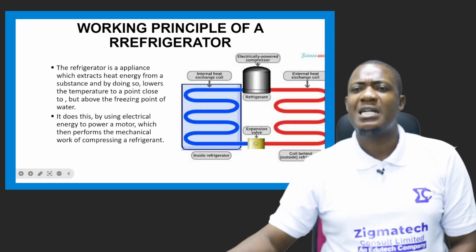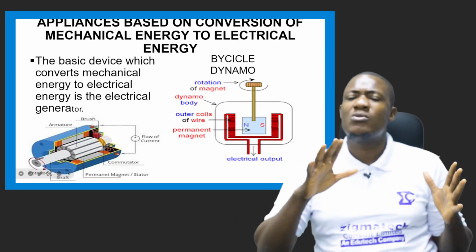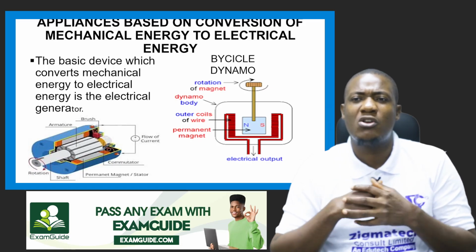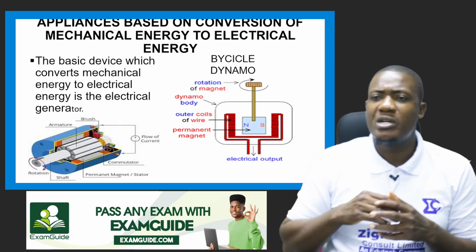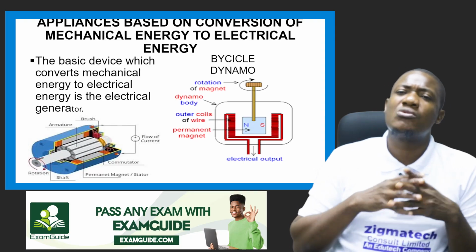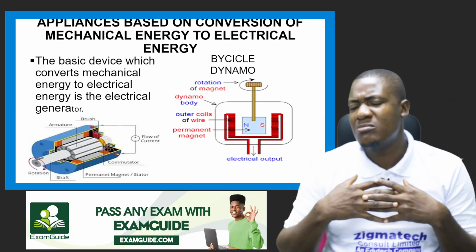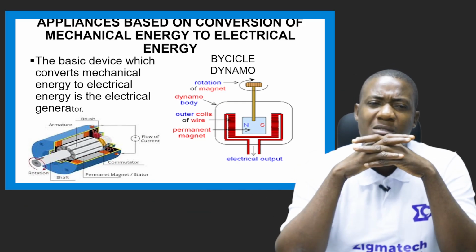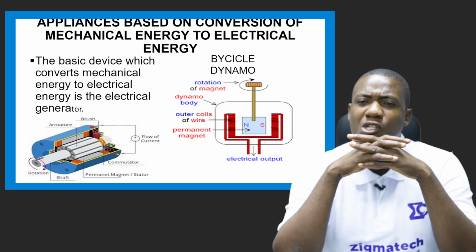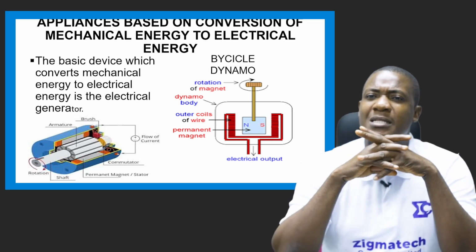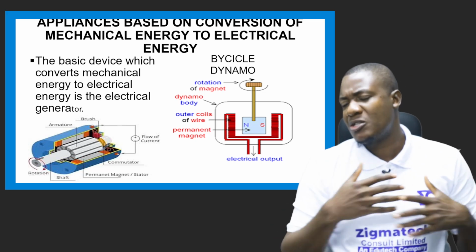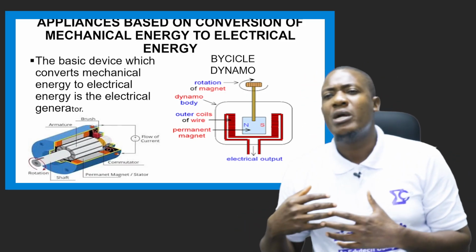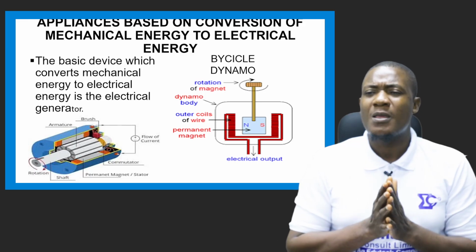Now, having said that, we also want to look at some appliances based on the technology of conversion of mechanical energy to electrical energy. There are some devices, but we just have one here, that is the generator. The generator works on the principle that mechanical energy can be converted into electrical energy.